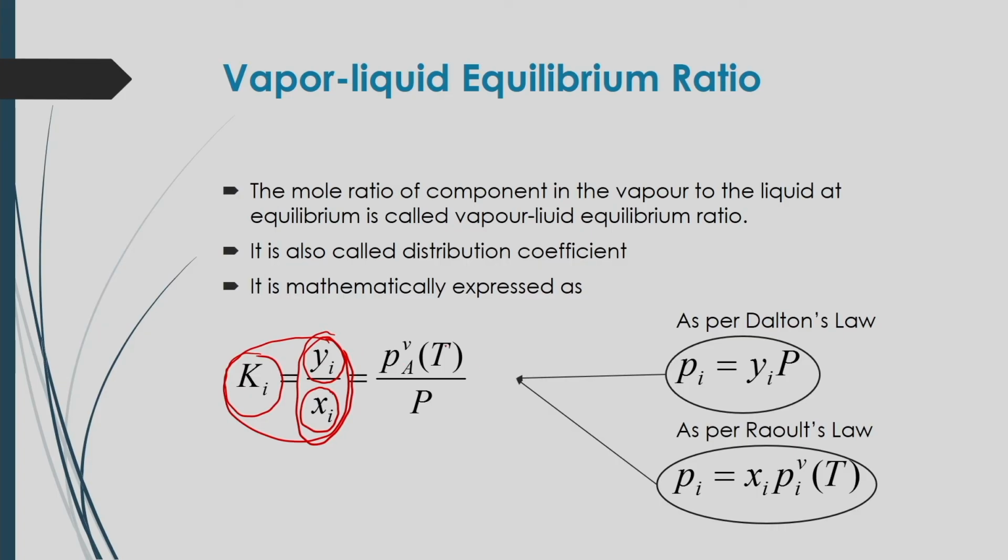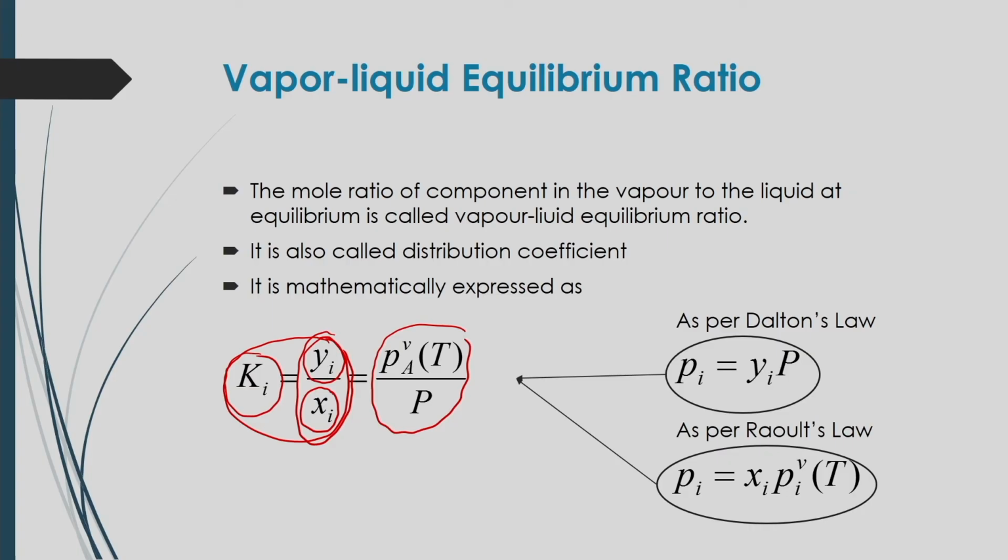If we apply Raoult's law, this will basically be the ratio of vapor pressure to the total pressure of the system.